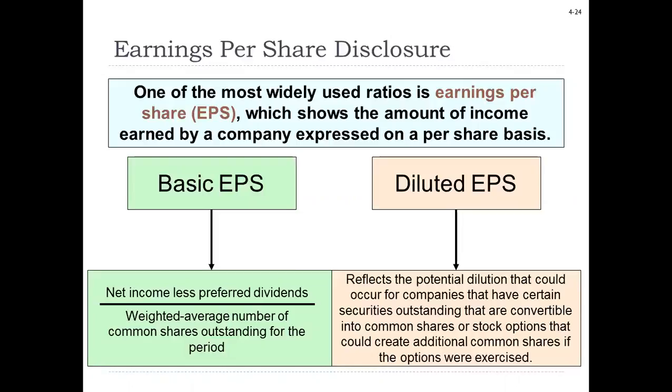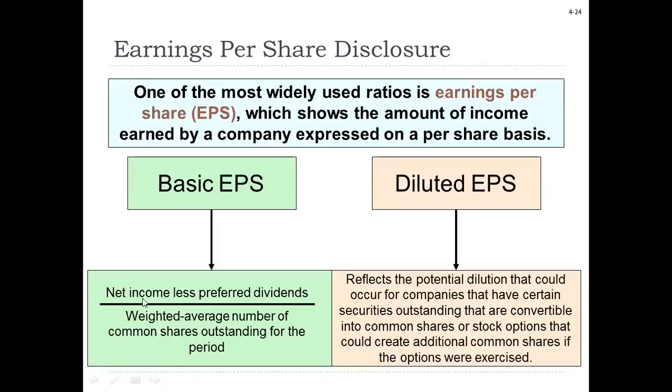Basically, the basic earnings per share is your net income minus your preferred dividends. Preferred dividends are dividends paid to preferred shareholders. And earnings per share, we are computing for common shares. So we have to take out these preferred dividends that go to preferred shareholders.